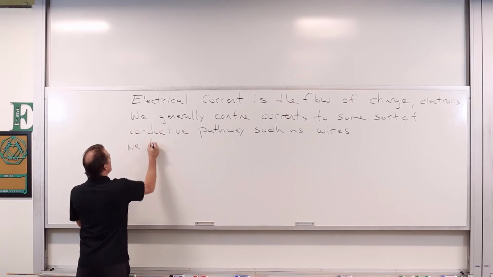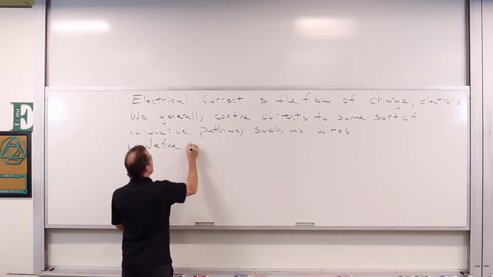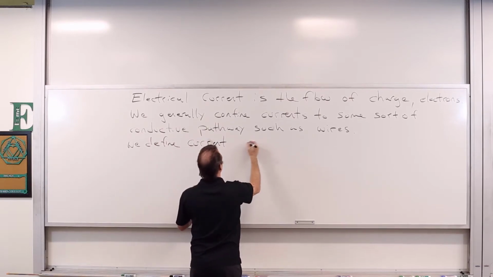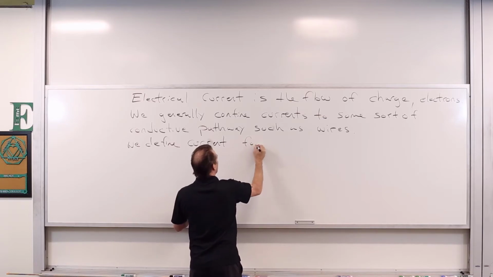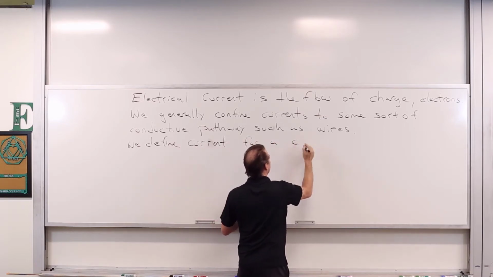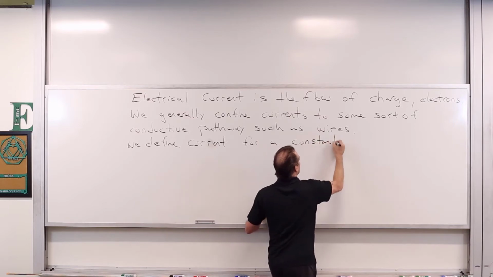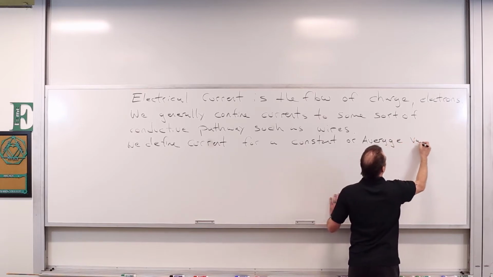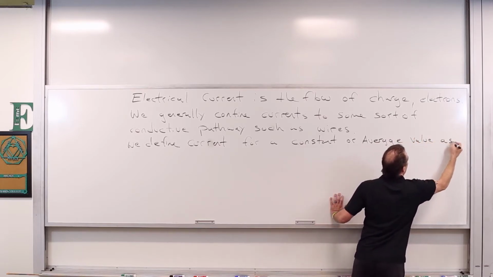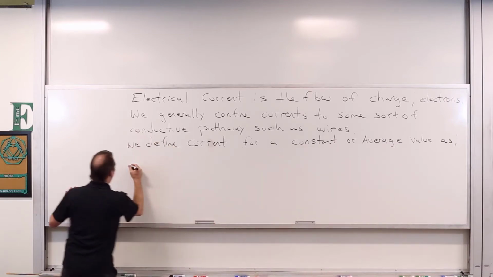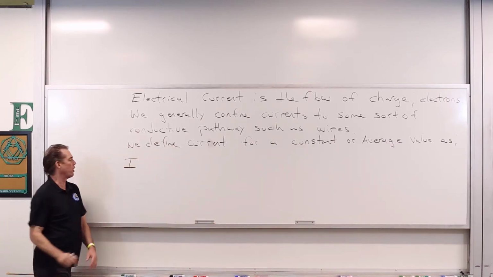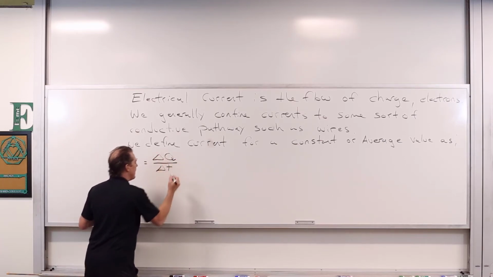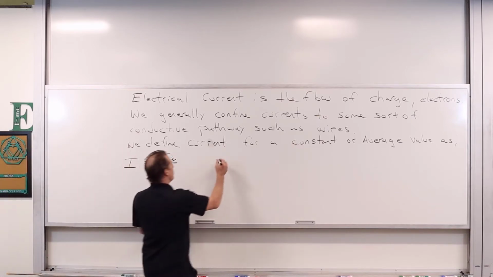We define current, the constant or average value, as I. We'll use capital I for current, and that is going to be a delta Q divided by a delta T.